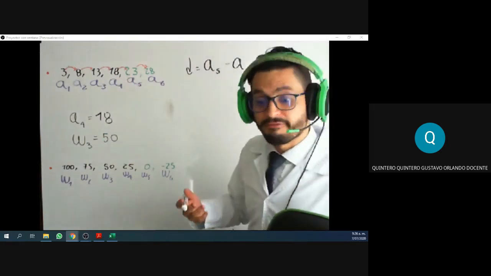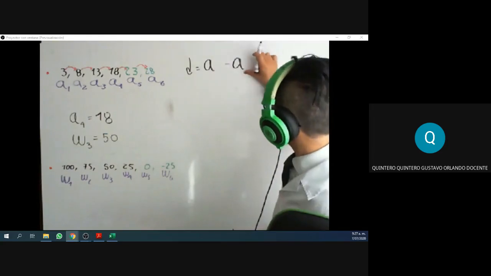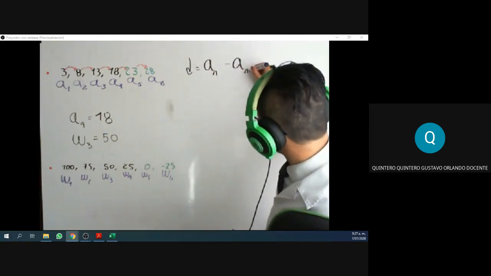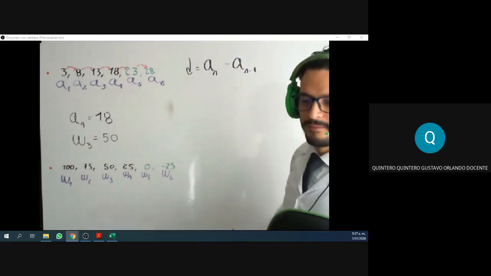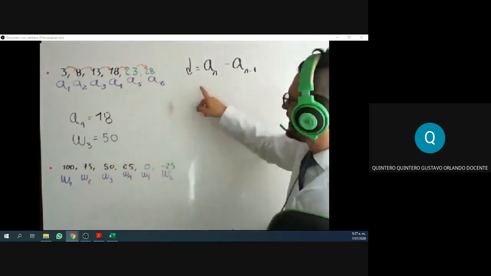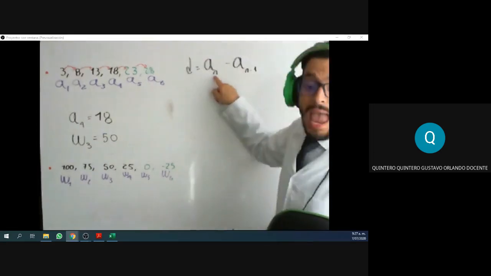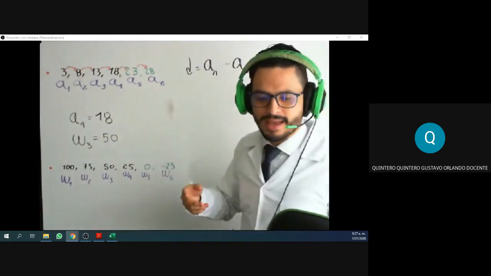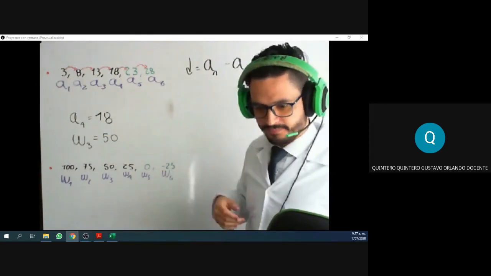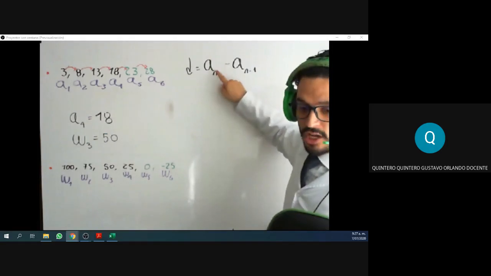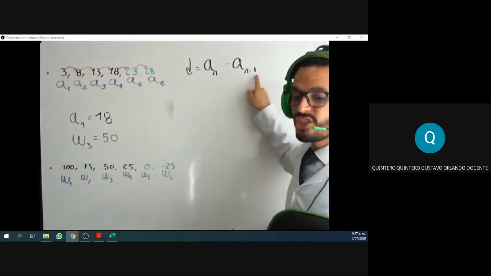To write it as a formula, instead of writing the exact position, we just write n, and then n minus 1. What that means is that now I am not talking about a specific position. I am saying any position. In mathematics, n means any, whatever you want. So any position subtracted by the position before that one.